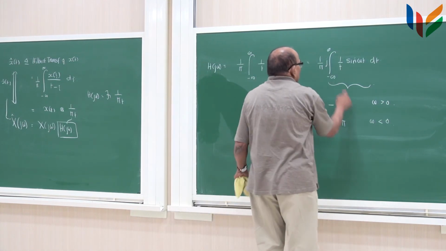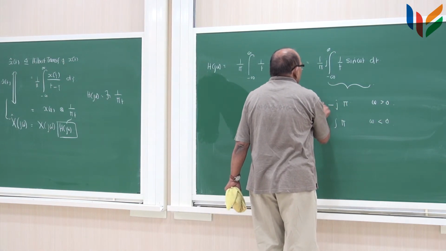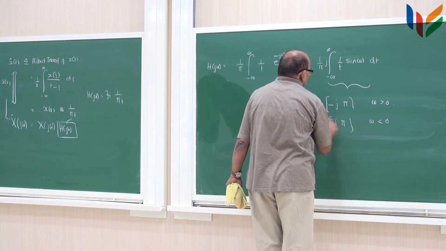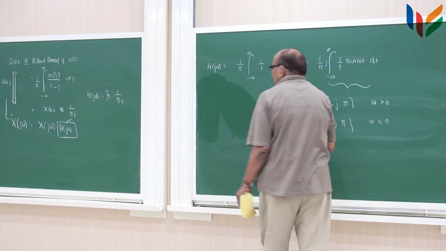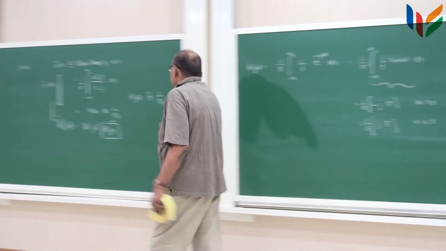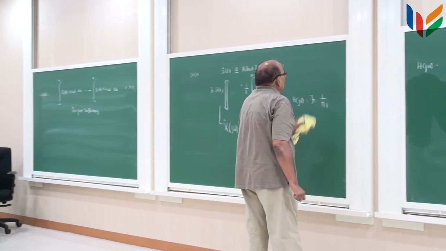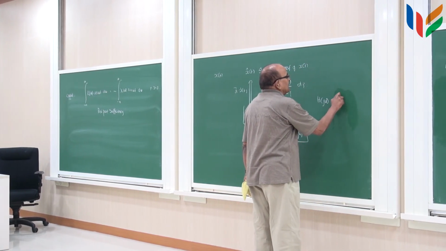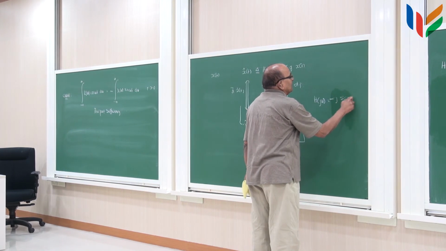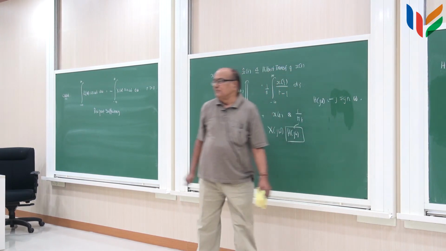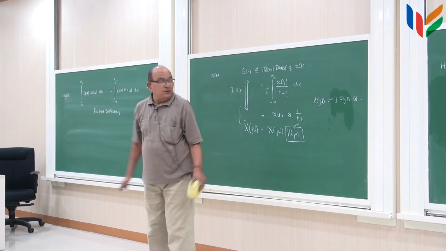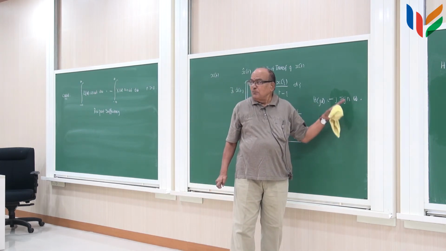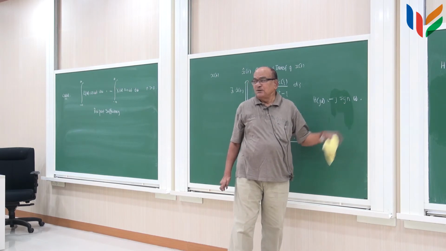Into 1 by pi. So, this becomes equal to minus j sgn omega. The signum function is plus 1 when omega is greater than 0 and minus 1 when omega is less than 0.